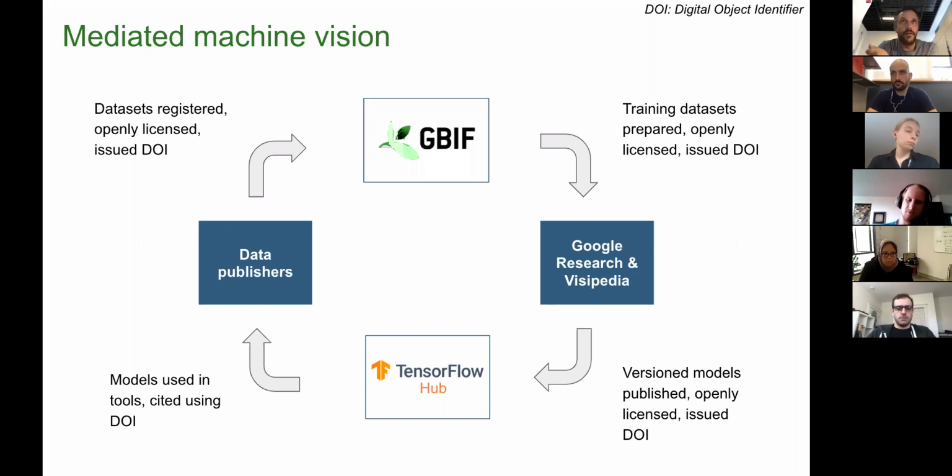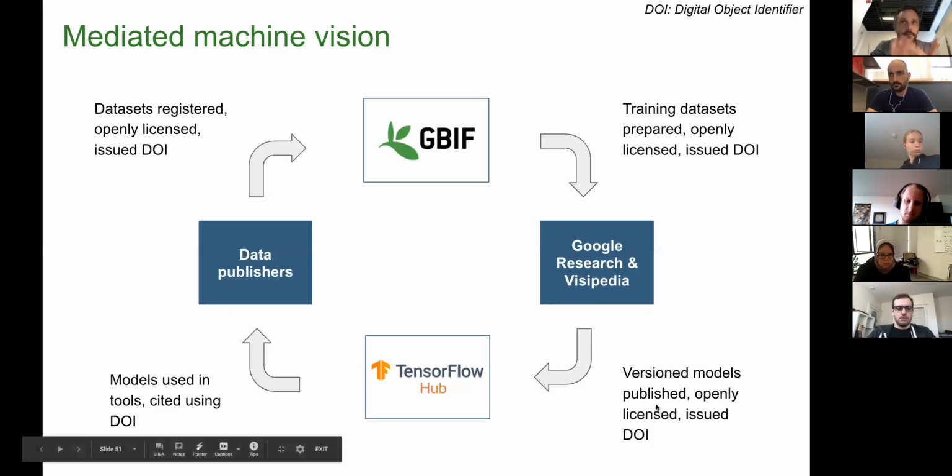So GBIF talks with that mushroom group, packages a data set, gives it a DOI, then shares that data set through the GBIF API with Visipedia and or Google Research engineers, who then select a suitable architecture, pre-trained most likely, fine-tune it for that domain, train a model, give the model a DOI, which again GBIF handles.